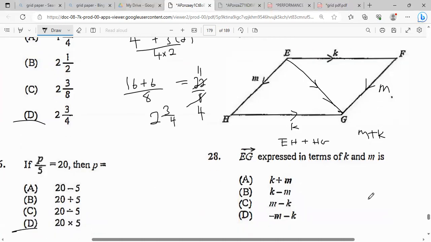Oh, they have K plus M. It's the same thing, guys.